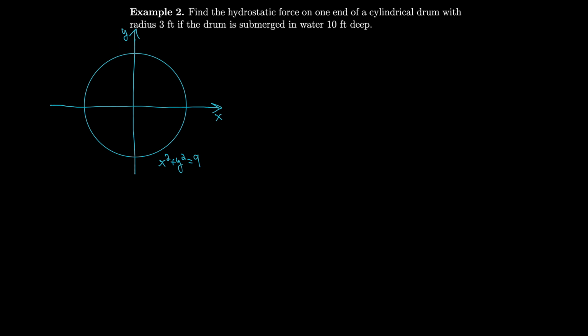So the bottom of the circle should be at 10 feet. So if I go up, this distance is 10. So it goes a little bit past the circle because notice the circle has a radius of 3. So that means from here to here is 3. From here to here is 3. So from top to bottom is 6. So the water is 4 feet above.